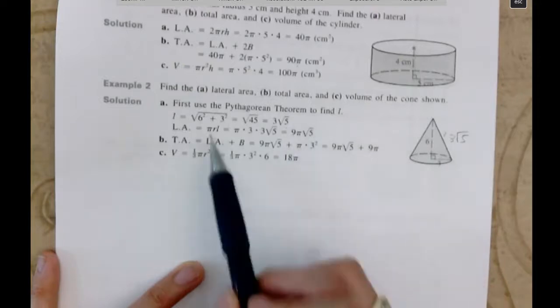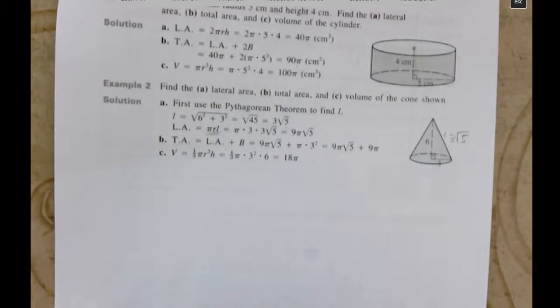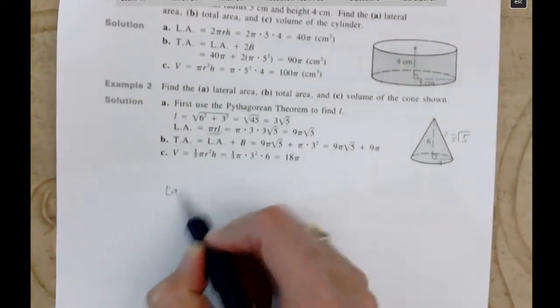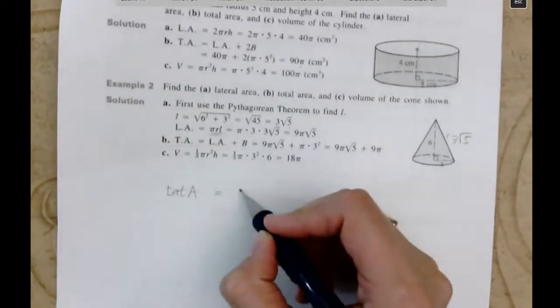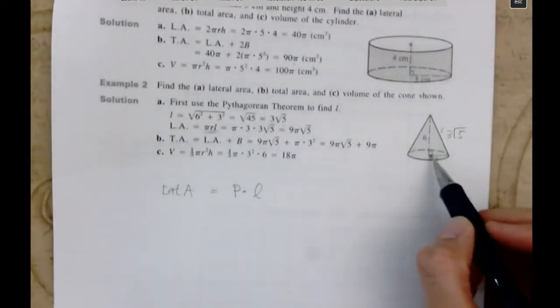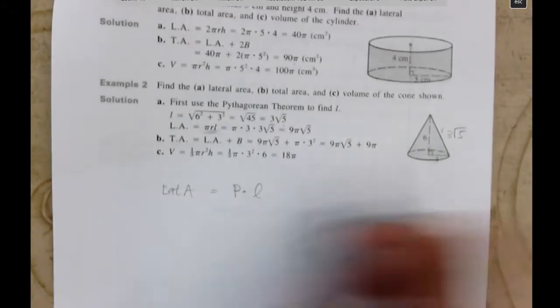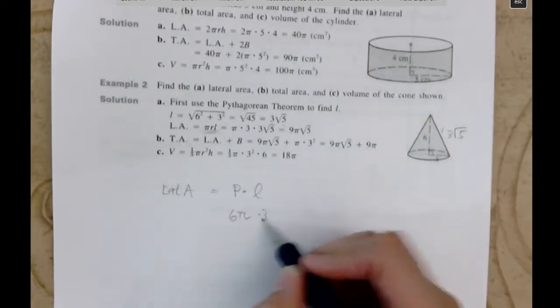Okay. If you don't want to use a formula, but you want to think from the pyramid, the lateral area of a pyramid was the perimeter times the slant height, right? And in this case, the perimeter is the diameter times pi. So diameter 6 times pi would be 6 pi. And the slant height is 3 root 5.